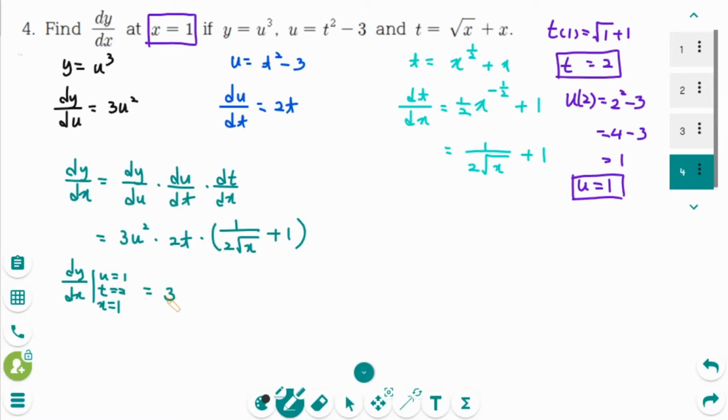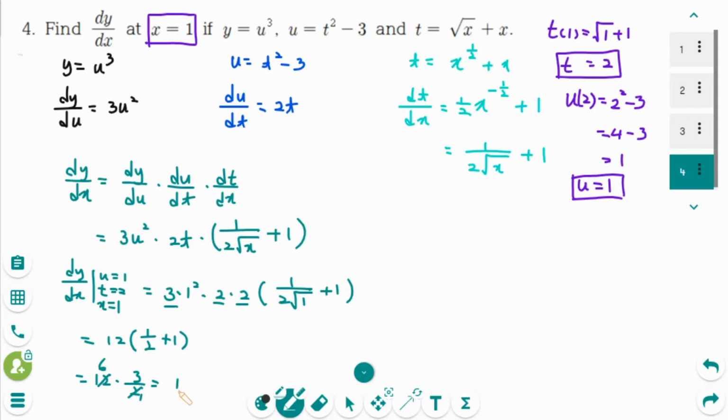So 3 times u², which is 1² times 2t, which is 2 times 1, times 1 over 2√1, plus 1. Then 3 times 2 times 2, 3 times 4 equals 12, times 1/2 plus 1. 12 times 3/2, 2 times 6, which is 18.